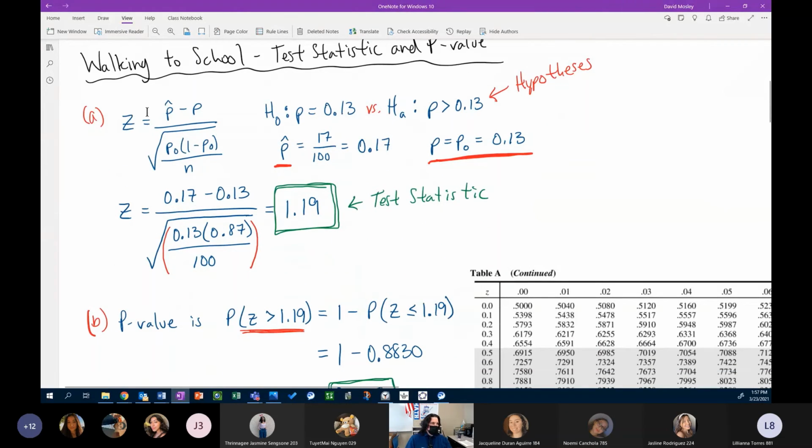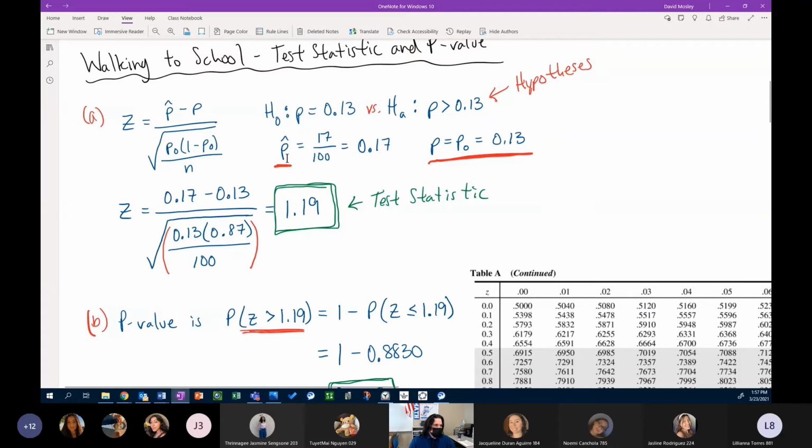All right, so part A, we're finding the test statistic, the Z statistic. The formula for the Z statistic is Z equals p hat minus p0 divided by the square root of p0 times 1 minus p0 divided by n. The hypotheses that we're testing are the null hypothesis that p is equal to 0.13 versus the alternative hypothesis that p is greater than 0.13.